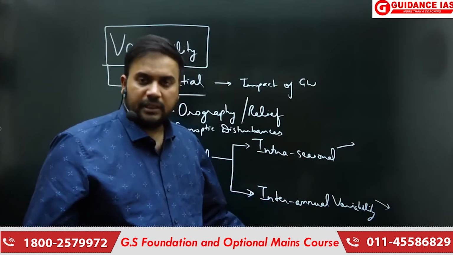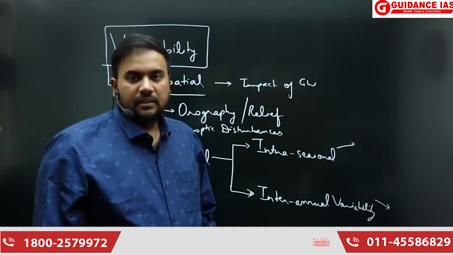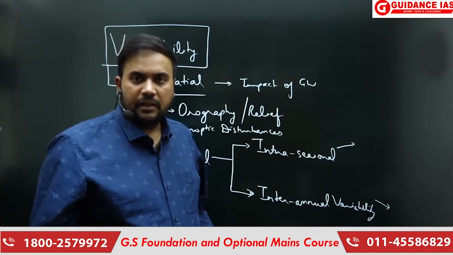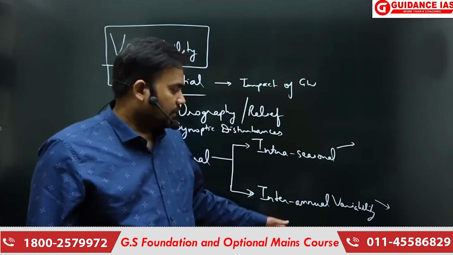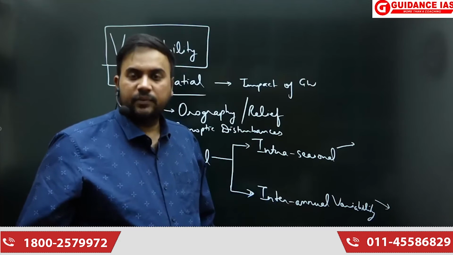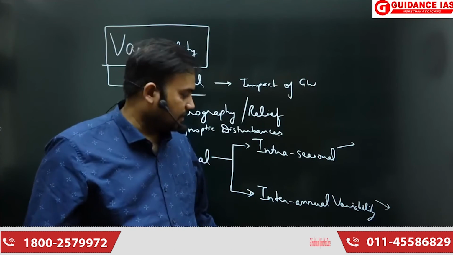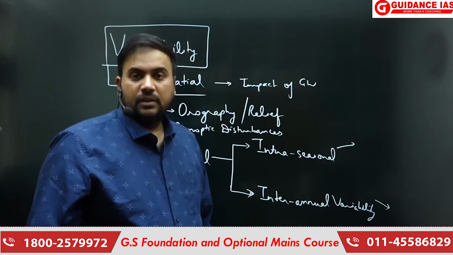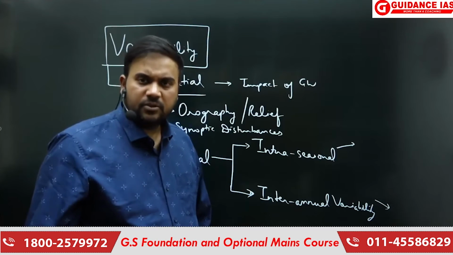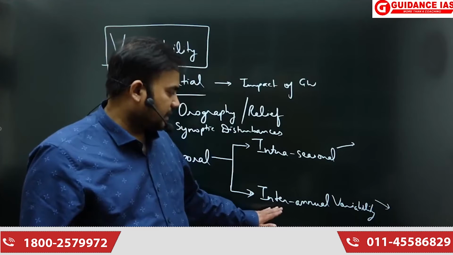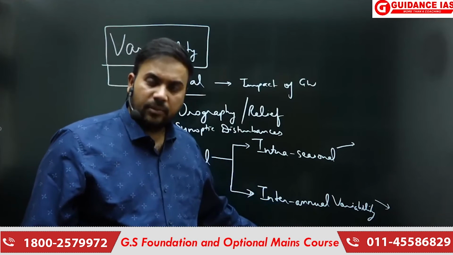Inter-annual variability, we'll talk about number of things like the ENSO and the Indian Ocean Dipole. We'll talk about other things like Pacific decadal variability, oscillations which are there. Similarly, the Eurasian snow cover as a factor. So many are there which ultimately affect the inter-annual variability.